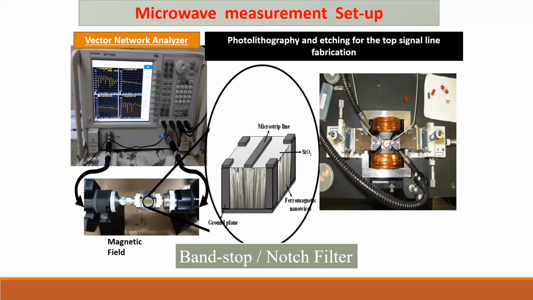We can tune the Larmor frequency, or the operational frequency, of these materials by applying an external magnetic field as well. This image shows that if you use the Helmholtz coil and vary the magnetic field, your Larmor frequency or operational frequency will shift towards the higher resonance frequency regions. This is one of the advantages, and it can overcome the use of bulky magnets in microwave devices, wherever we are using ferrites.